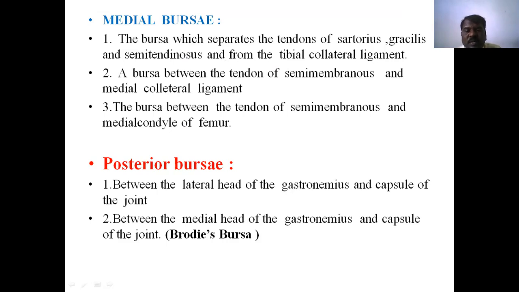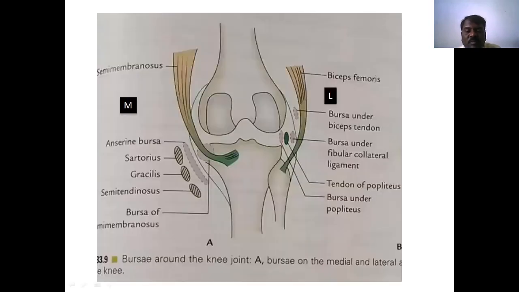There we can also identify another 2 bursas on the medial surface. Whereas on the posterior side, we can identify 2 bursas: between the lateral head of the gastrocnemius and the capsule, and between the medial head of the gastrocnemius and the capsule of this knee joint. So like this, we can identify the 13 bursas around the knee joint.